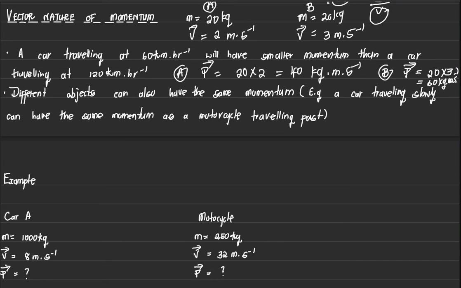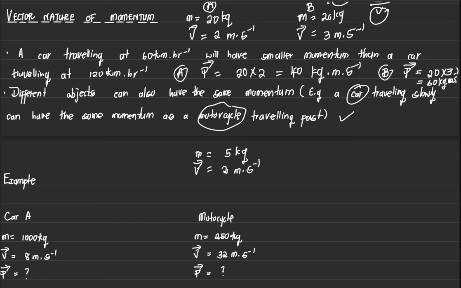And then the other point that you need to know is that different objects can also have the same momentum. For example, a car as well as a motorcycle. So, for example, let's say that a car has a mass of 5 kilograms and a velocity of 2 meters per second.